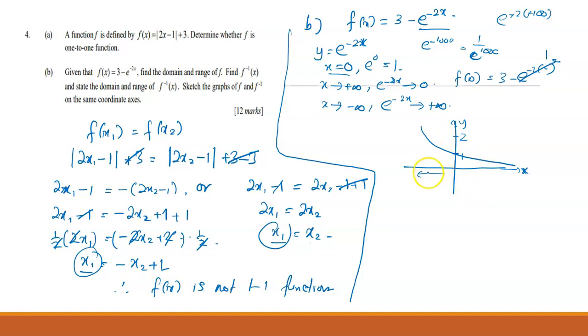Okay, so earlier for this case, the horizontal asymptote is x-axis or y equal to 0. But then when we look at the real function here, then when x equal to 0, e power of 0 equal to 1, then 3 minus 1 equal to 2. Now this one become the new horizontal asymptote.